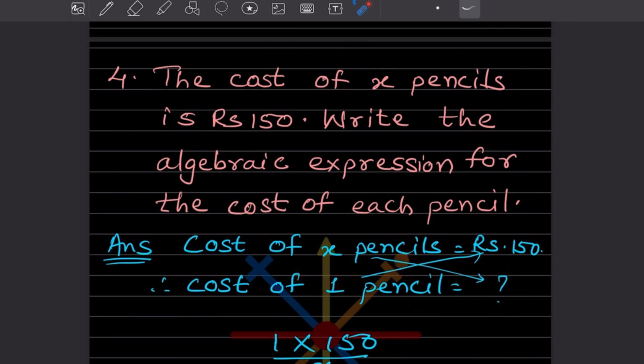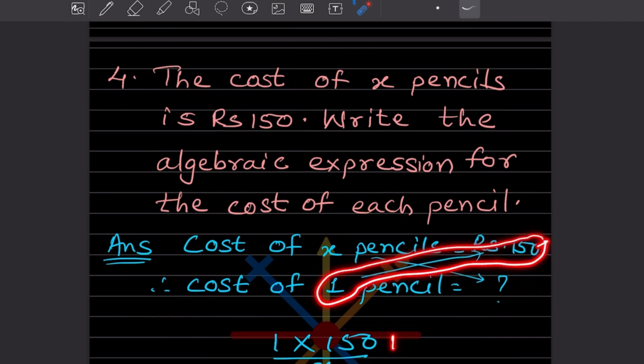So what are we going to do? We are going to cross multiply. Many times you don't know whether 150 should be up or down, that is, in the denominator. So cross multiplication works for such problems. Here we don't know the cost of one pencil, so we consider it as X. What should you take in the numerator? The two numbers which we know, that is 150 into 1.